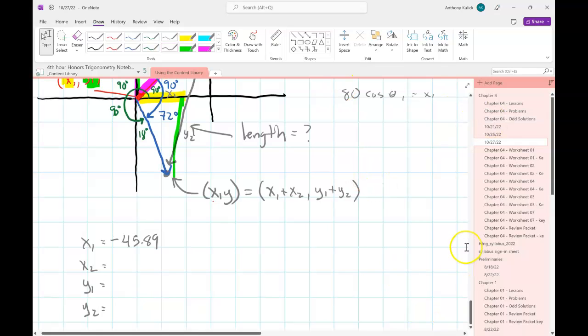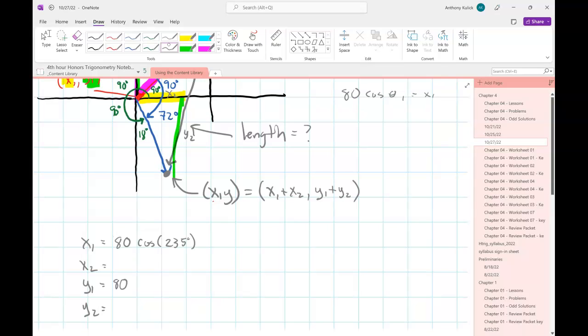What's y1 going to be? Maybe I'll write that, how we did that in there. Yep, that was our standard position angle. How am I going to find y1 then? No, I didn't have to make anything negative. The calculator took care of that for me.